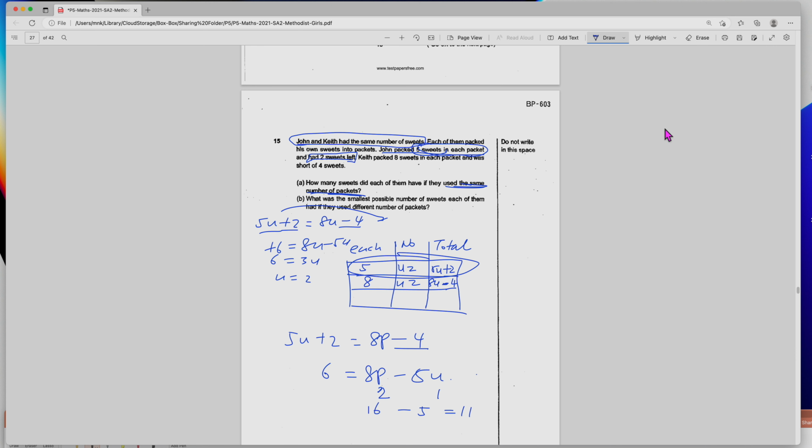Can or cannot? Cannot. So 2 and 1 cannot. Then can I try 3 and 2? Then minus 10. Can or cannot? Cannot.